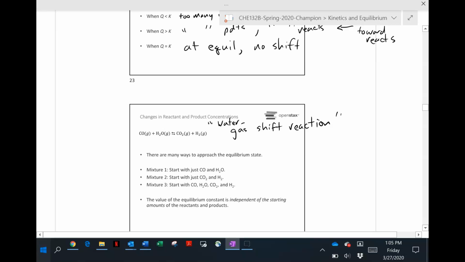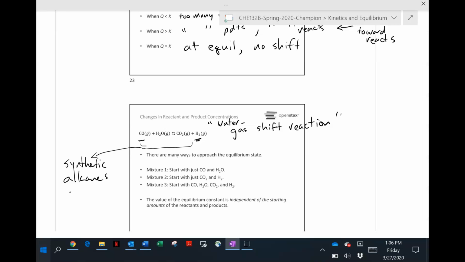The importance of this reaction is that if you take that H2 and CO, those two things can be made to make synthetic alkanes. Essentially, synthetic hydrocarbons are a way to make, for example, gasoline without having petroleum to make it from, or to isolate it from.